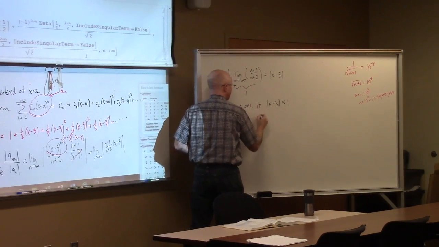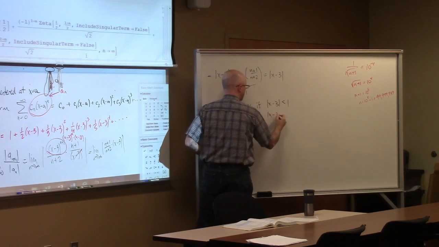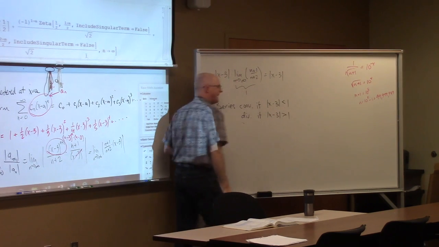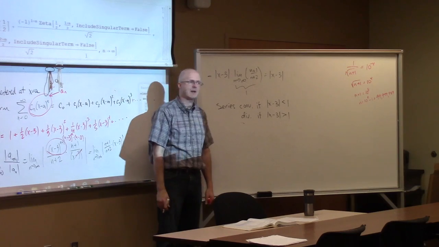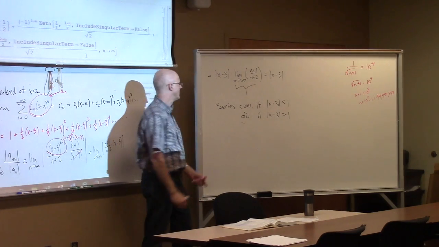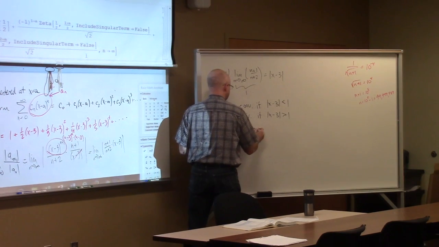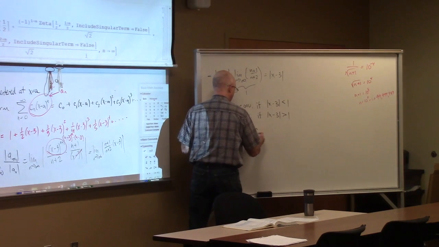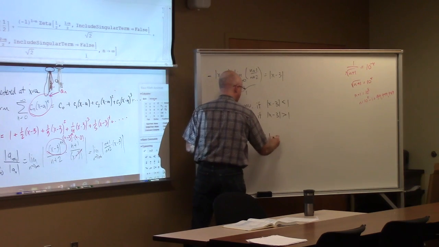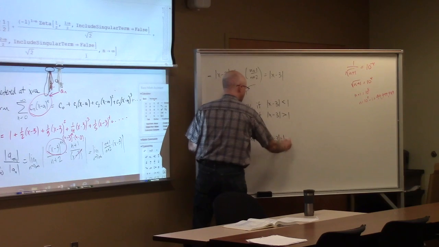Diverges if that thing is bigger than 1. And if it equals 1, the ratio test provides no information. No info from ratio test, at least, if the absolute value of x minus 3 equals 1.